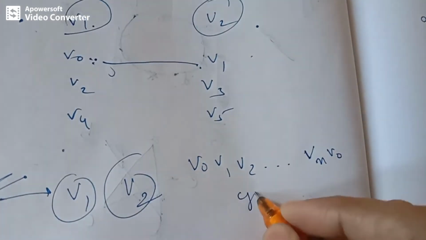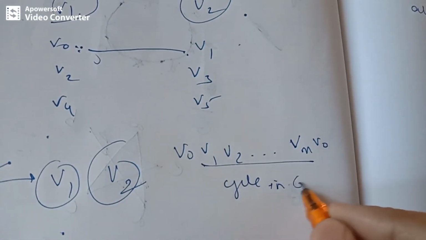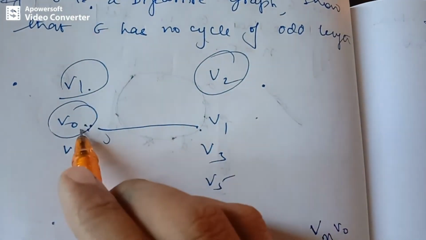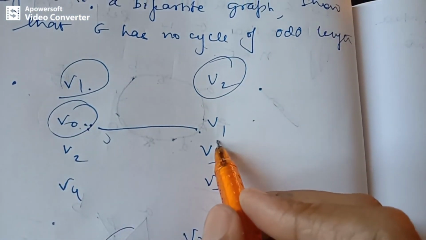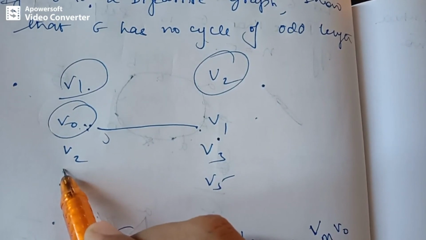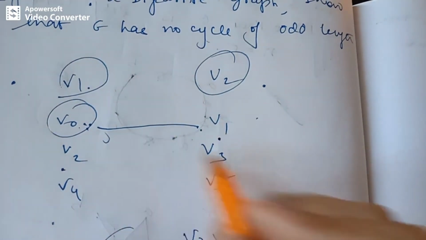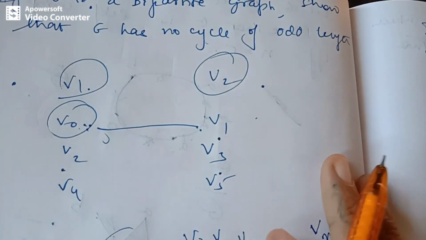So we are assuming that there is a cycle in the graph G and that V0 is in V1. This is our assumption. Then V1 will be in V2, likewise V2 will be in V1, V3 will be in V2, just an alternate sequence, because it is a bipartite graph.